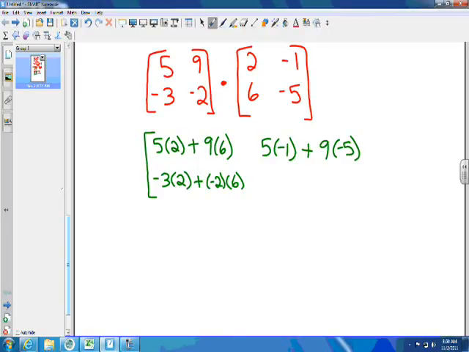And then negative 3 times negative 1. And this second number will be the same as well. The thing that's in parentheses in the second one, if we did 3 more rows of that, they would all be the same number.